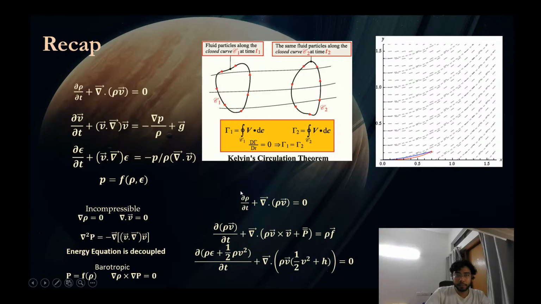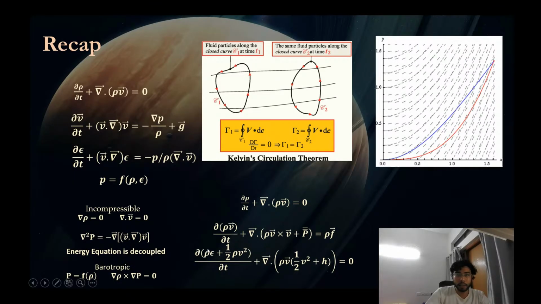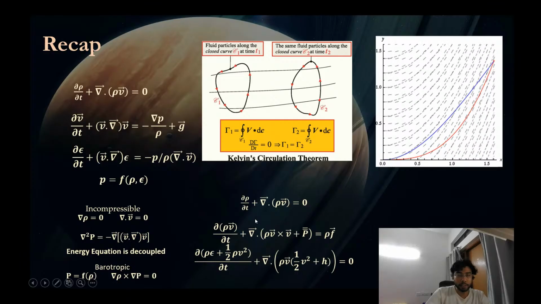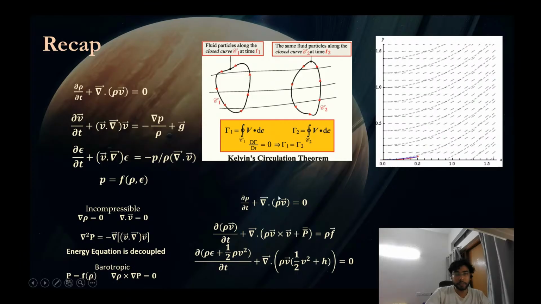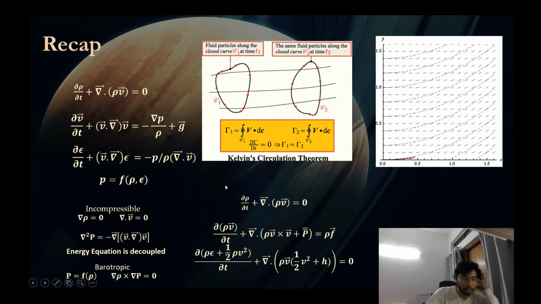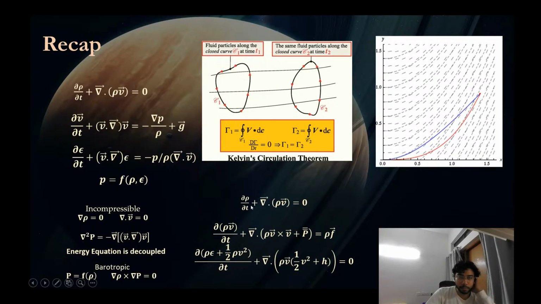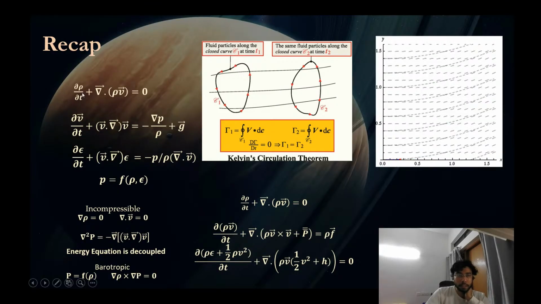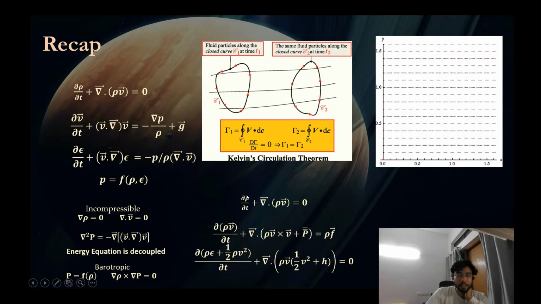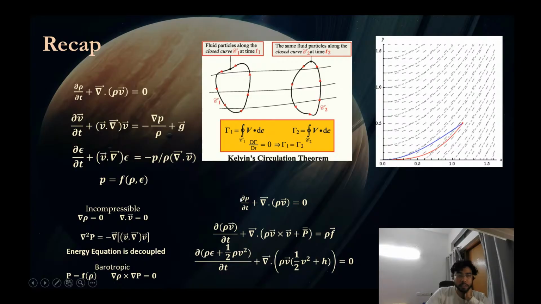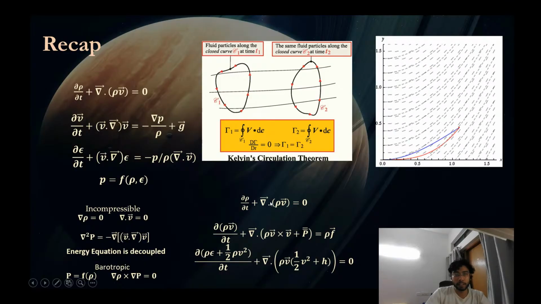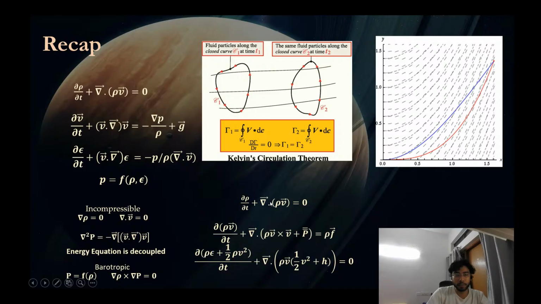And then we tried to express all these three equations in their conservative form. Why this conservative form? Because this says something very physical about the system. For example, the continuity equation is already in conservative form. It states that the change in density with time is equal to the flux of density that is moving in or out through that volume.